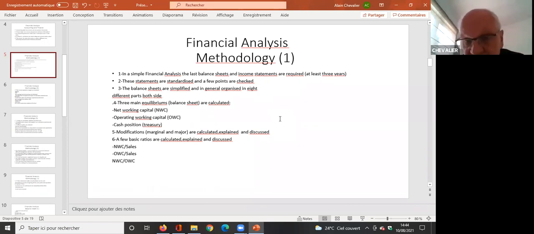This is clearly a mistake, this is clearly a mistake. And this step number 2 here is very central, and can be made only by a financial analyst. This cannot be done by a software, whatever the quality of the software is.